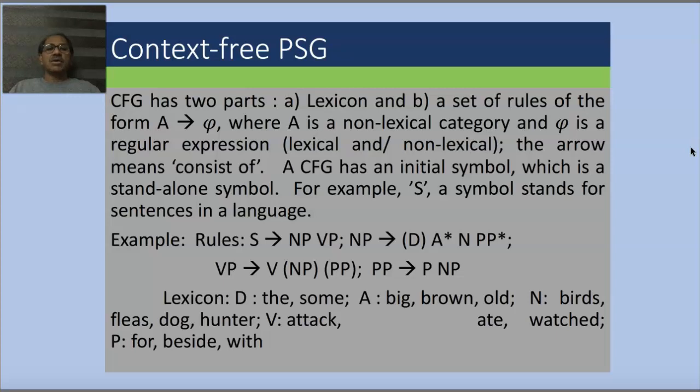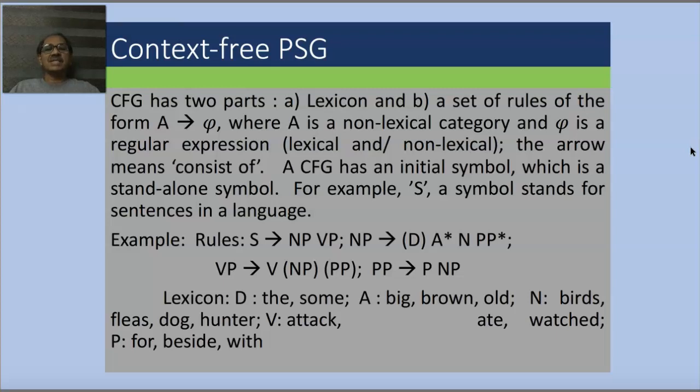So a context-free grammar has an initial symbol. It cannot start on its own. So there should be an initial symbol, which is a standalone symbol that is not derived from anything. For example, S is an initial symbol. It's a standalone symbol. It stands for all sentences in a language.